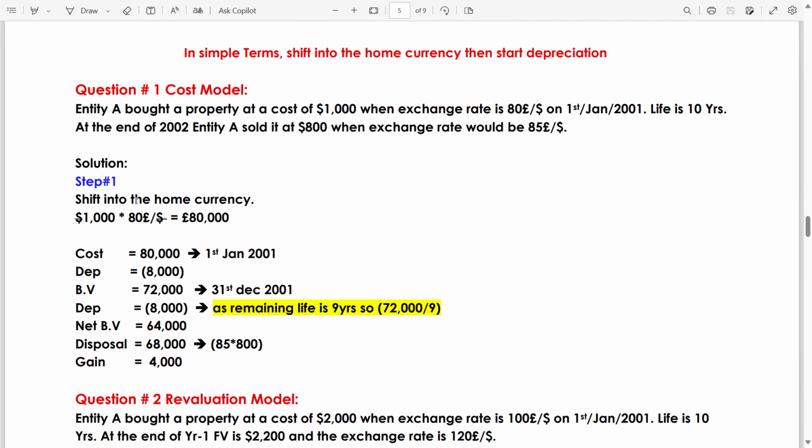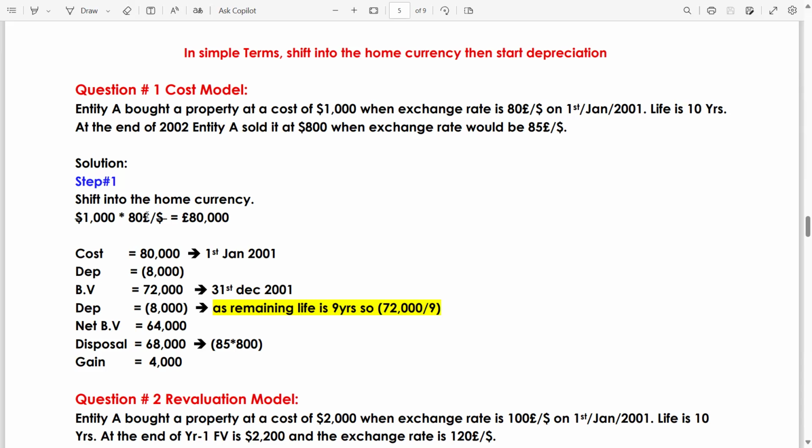Step 1: shift into the home currency, which is GBP. $1,000 multiplied by £80 per dollar equals 80,000 pounds. If you can see, I have crossed this dollar with this dollar. Okay, I have a question: what if the exchange rate is $80 per pound?